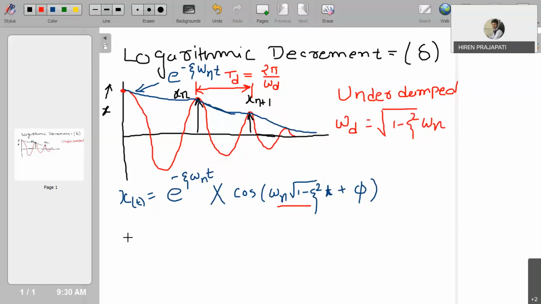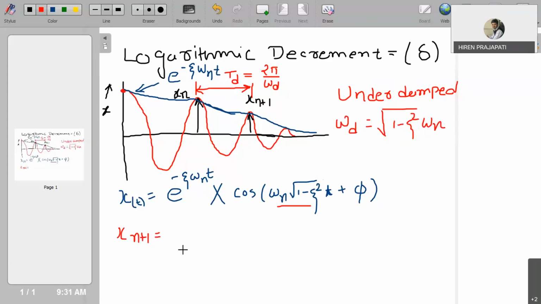But now if this equation is for xn, then for xn plus 1, if you are considering from t equals 0, the first amplitude xn takes time t, then this amplitude will take time t plus Td. Is it clear?